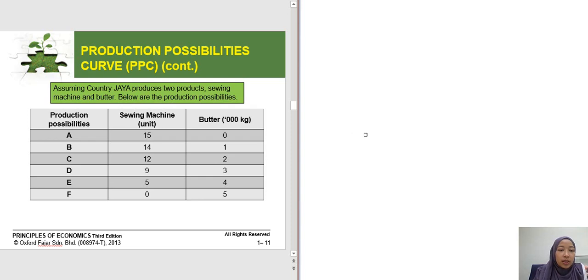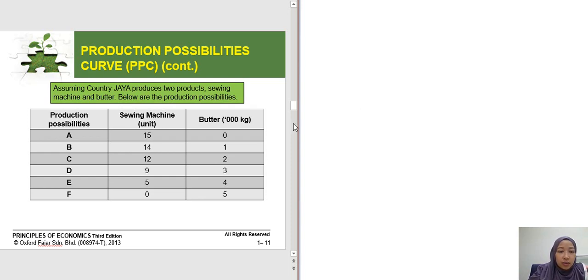Assuming country Jaya, you have one country here producing two products, sewing machine and butter. Sewing machine is a capital product, butter is a consumer product. Let's say you want to produce these two products, and these are the production possibilities.